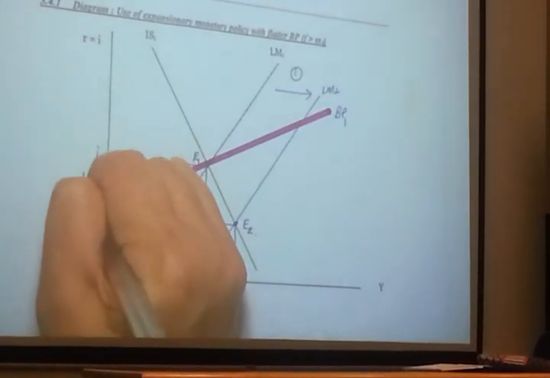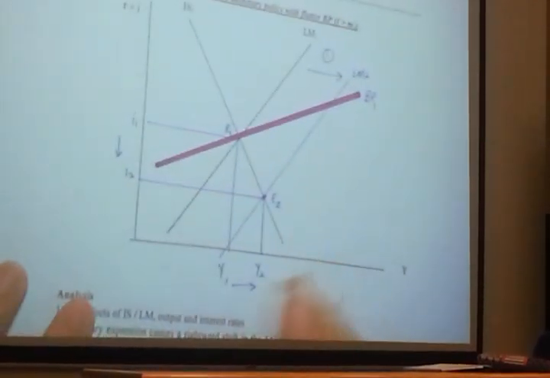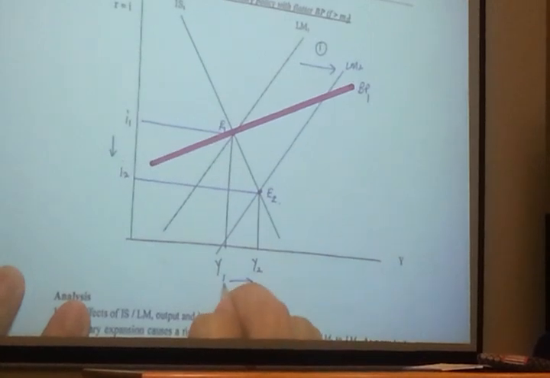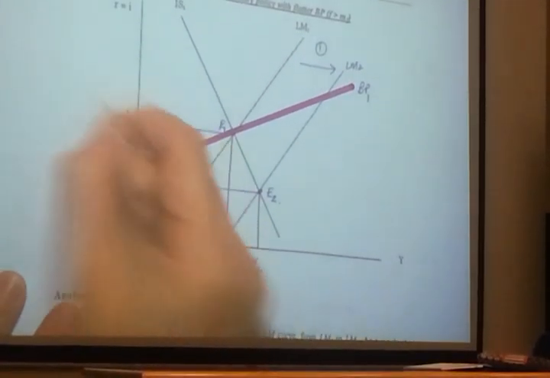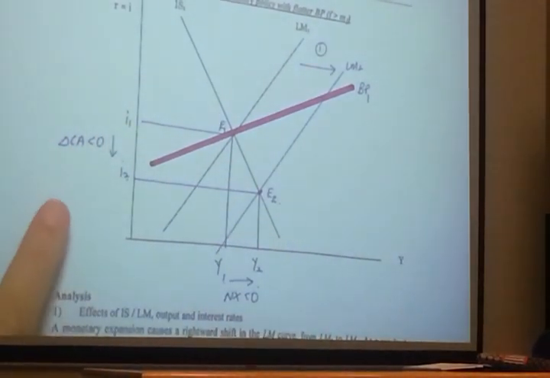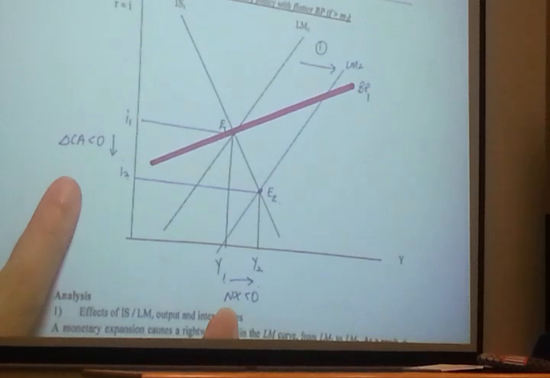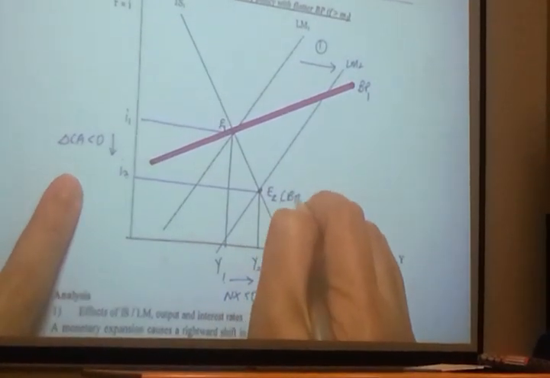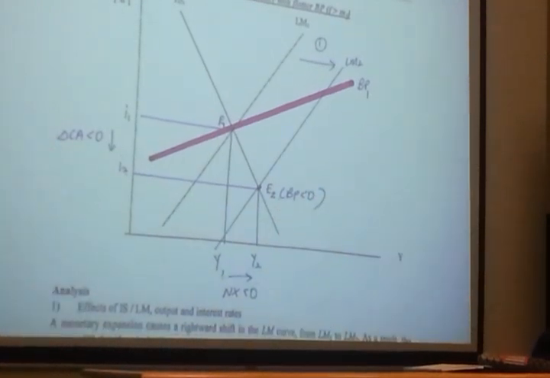So now when I go through analysis, if it's straightforward, I will move ahead. Income goes up, NX negative. Interest rate drops, capital outflow. So for both accounts, you don't need to check the size. It's not critical at all. So we know in this case, BP is a deficit.